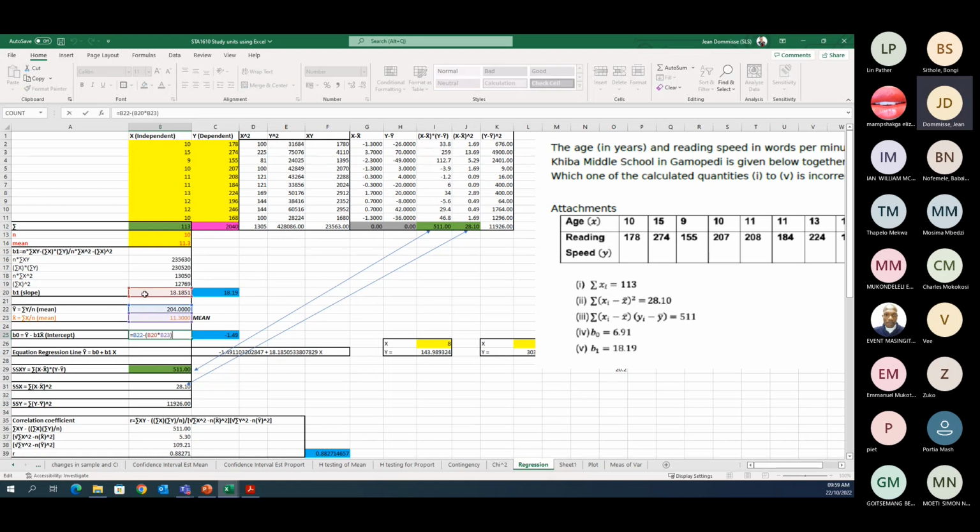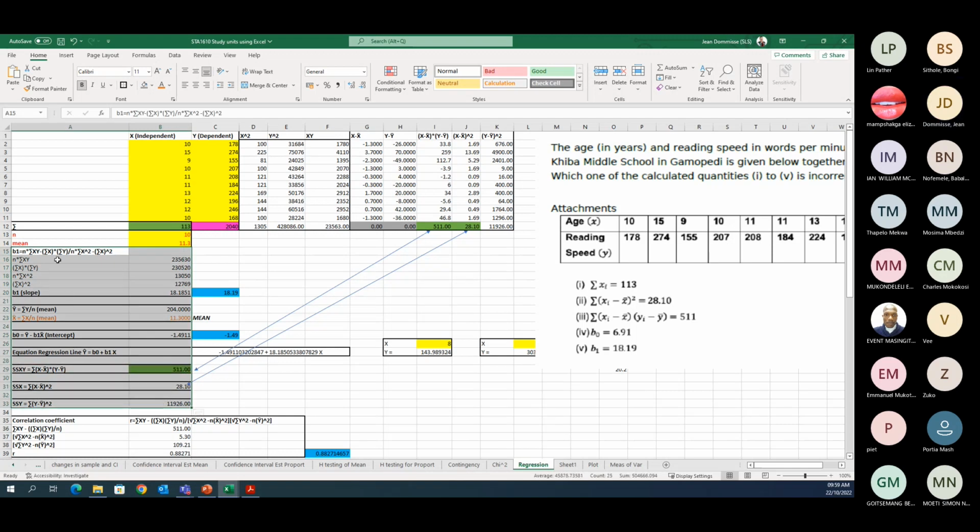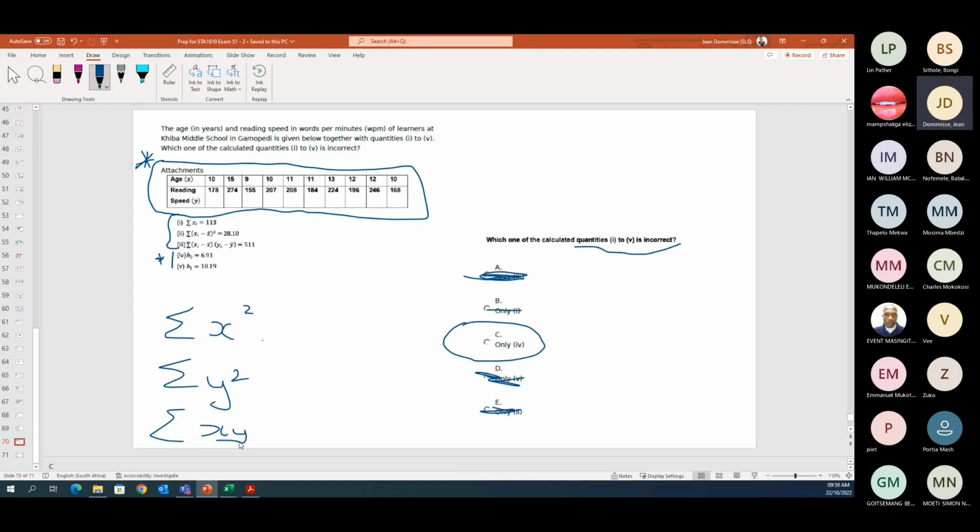Yes, this is the correct method using the formulas. So these ones are actually using the formulas if I give it to you in this format in the exam.